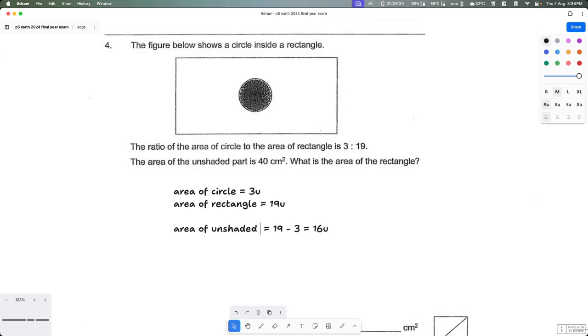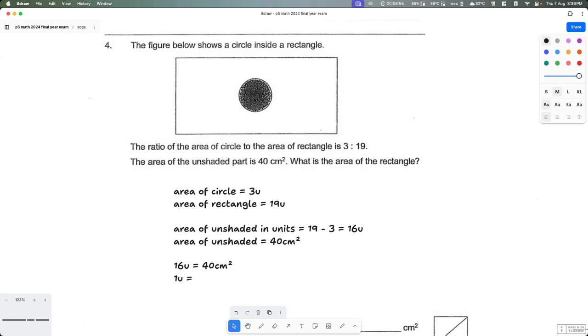And the area of the unshaded part is 40 centimeters square. So that means 16 units is equal to 40 centimeters square.